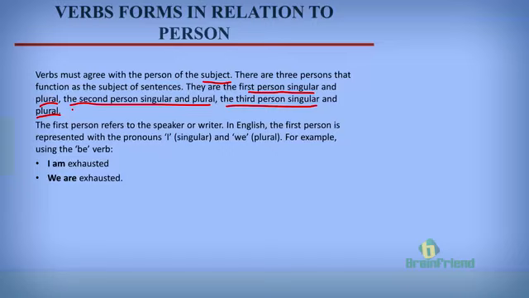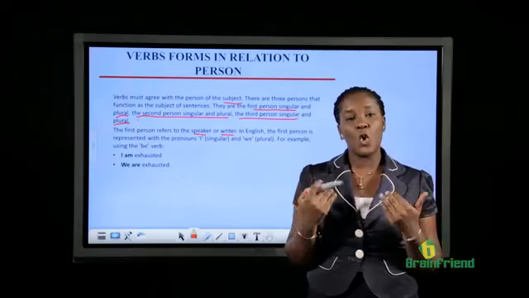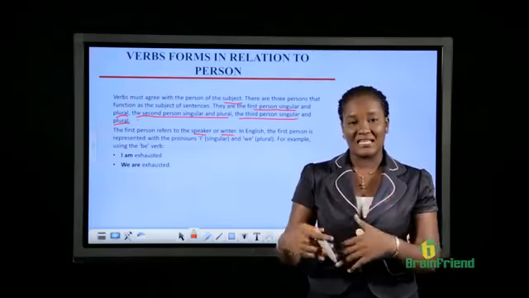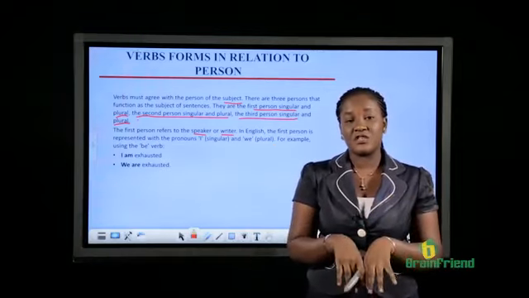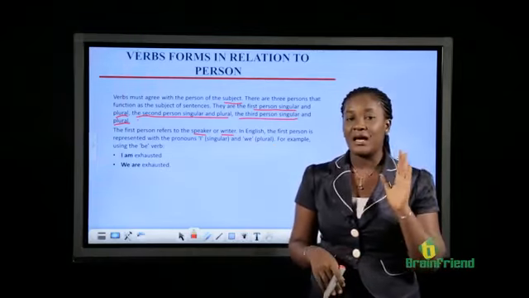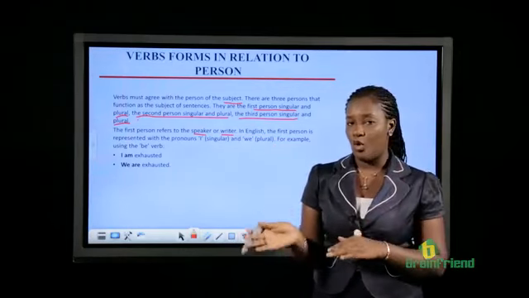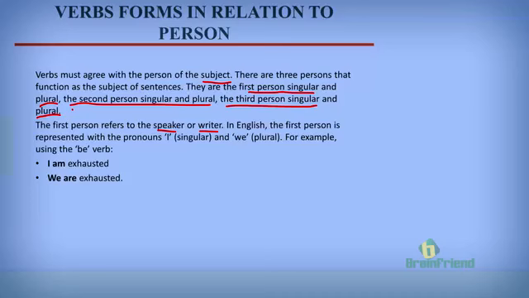Now the first person refers to the speaker or writer. In every sentence, there's always someone who is making the sentence or who is saying something. That person is the first person, and it can either be singular or plural. In English, the first person is represented with the pronouns I in the singular form and we as the plural.